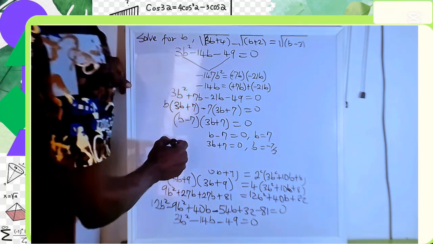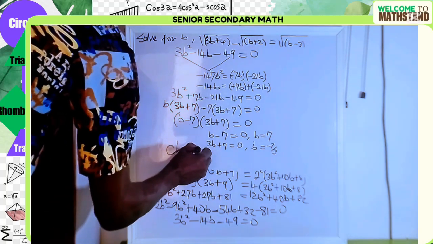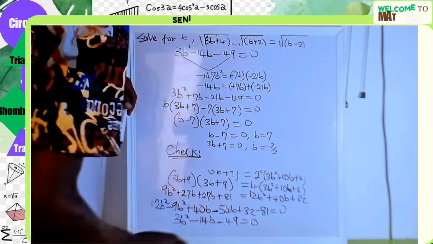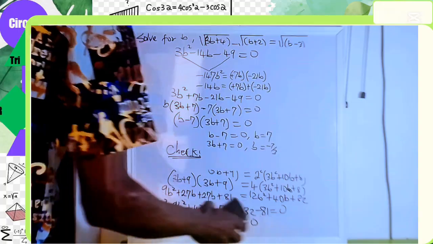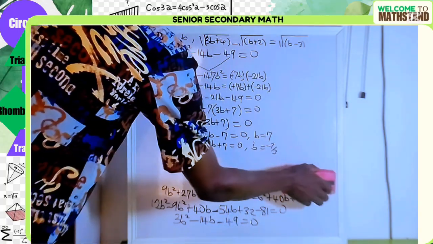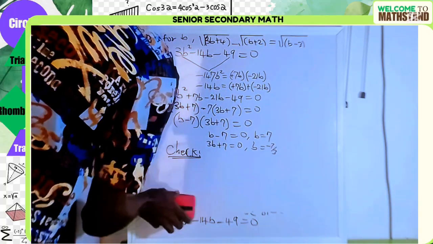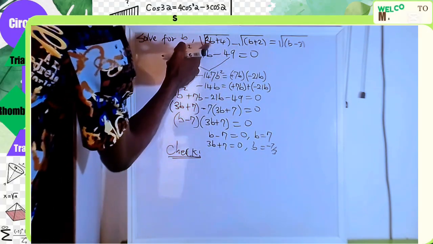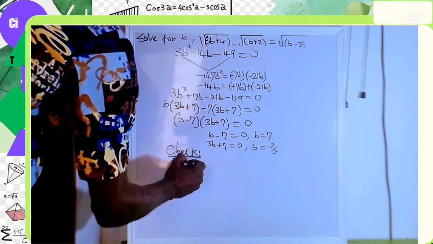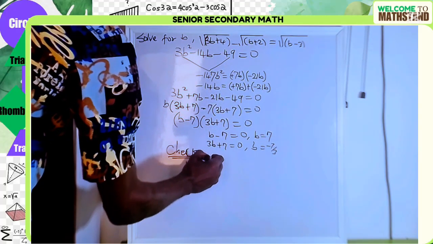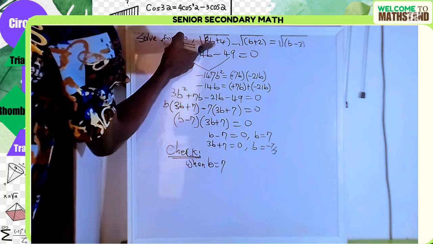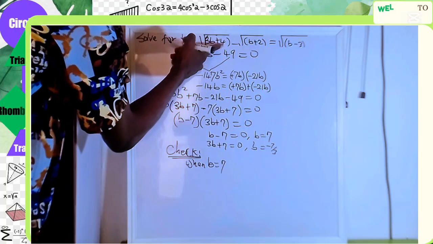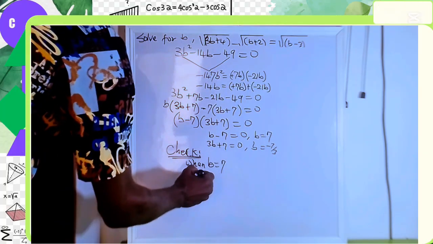So let's check to be sure which value of b is the actual solution to this initial equation. Assuming b is equal to 7, put 7 in for b here. That's 3 times 7, which is 21. 21 plus 4 is 25.